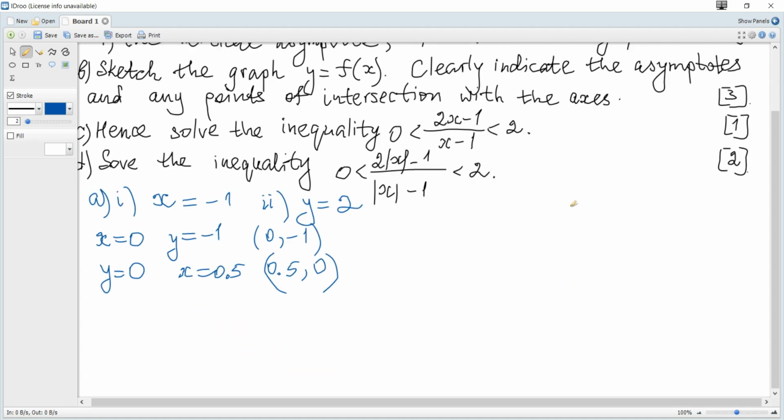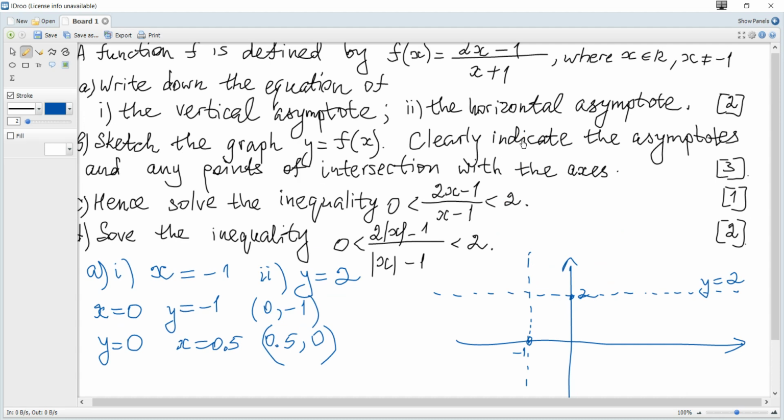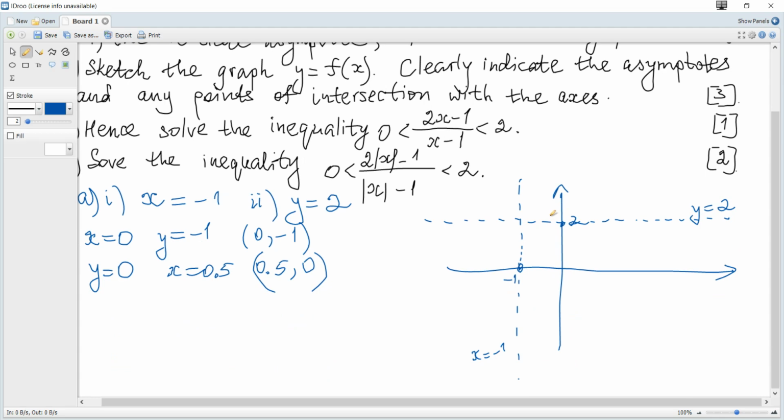And let's sketch the graph. So our vertical asymptote, x is -1 through point x is -1, horizontal y is 2, and actually there are 4 quadrants, and usually such functions like polynomial over polynomial they look like hyperbola, so usually they are in opposite quadrants.